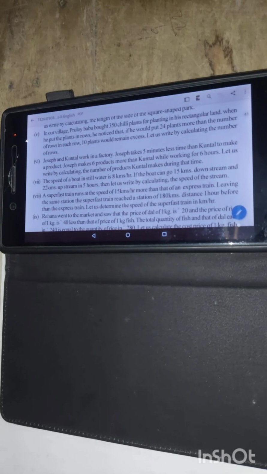Now let us proceed to our next question, that is question number 5. In our village, Proloy Babu bought 350 chili plants for planting in his rectangular land.